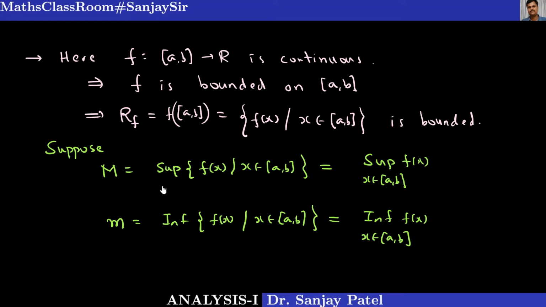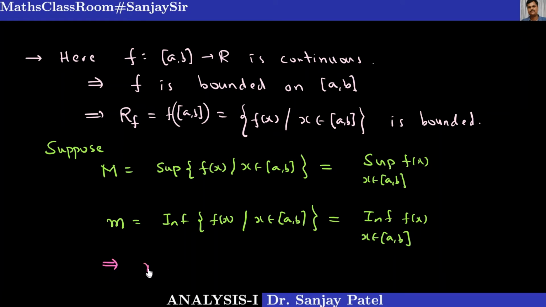So remember that capital M is the least upper bound of set of values of the function f of x, and small m is the greatest lower bound, GLB, of the function. So let me write.